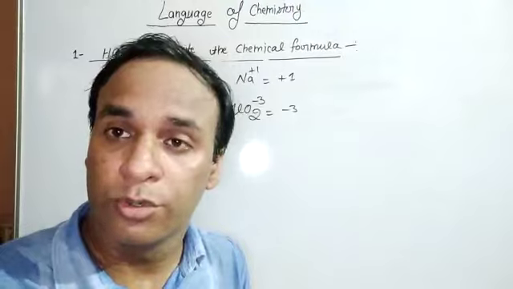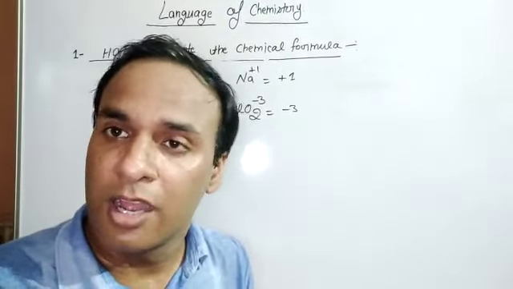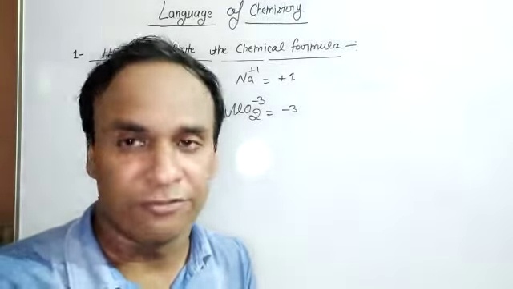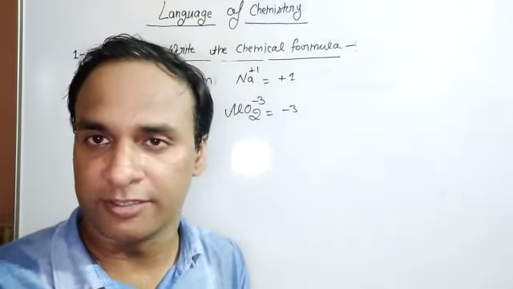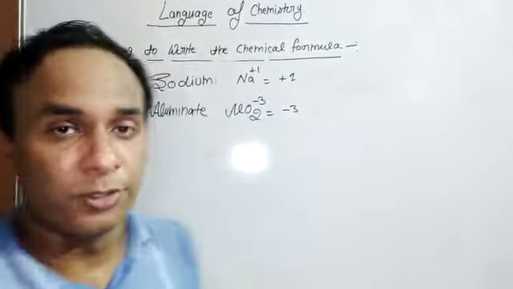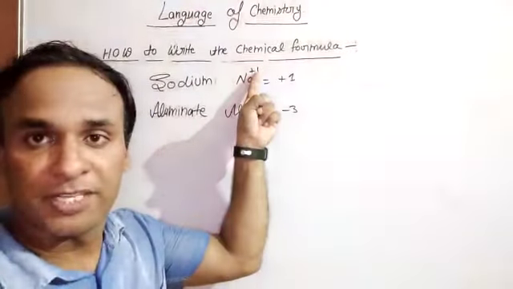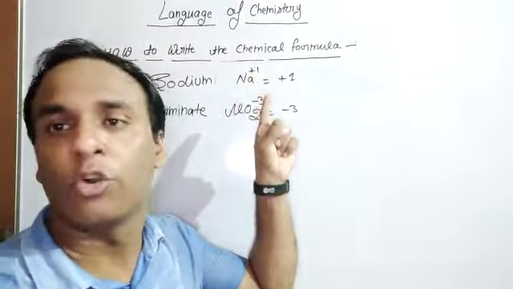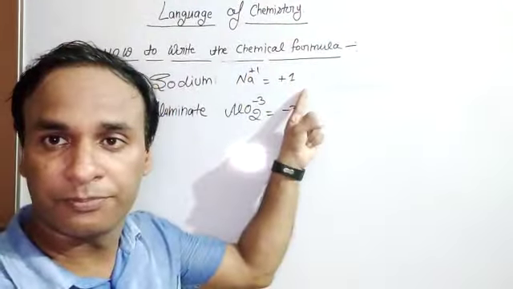Now I am going to show one more example. The ions which carry either positive charge or negative charge, that charge is equal to the valency of cations or anions. Listen carefully. Sodium carries a plus 1 charge, which is equal to the valency of sodium, that means its valency is plus 1.